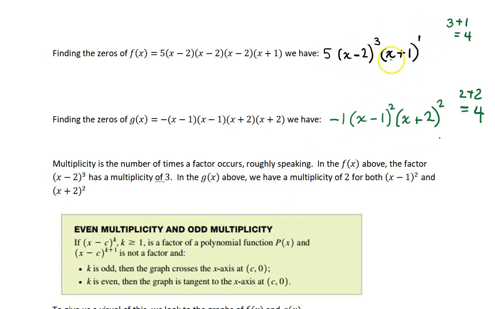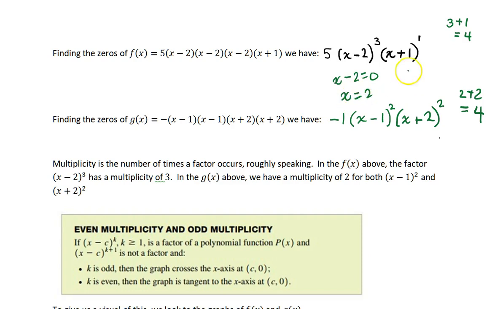So we're saying that in this particular case, we are going to have the line cross the x-axis at 2 and -1, right? If I were to solve for this, I would have x minus 2 equals 0, so x is going to equal 2, right?